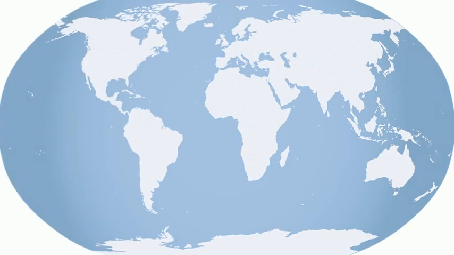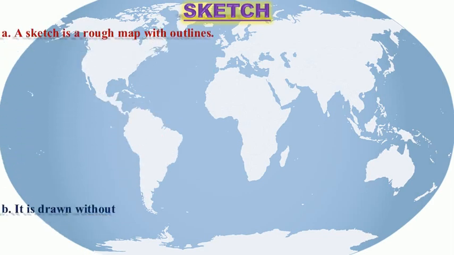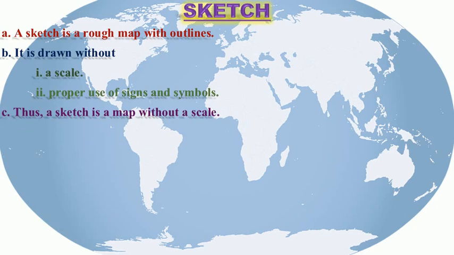Okay, let me tell you. A sketch is basically a map without a scale. It is just a rough map which is drawn without a scale and without use of proper signs and symbols. Let me show you the picture of a sketch, how it looks and how we can draw a sketch.